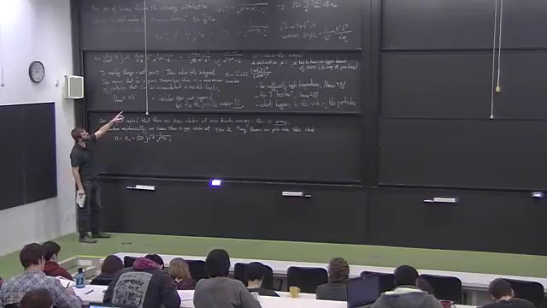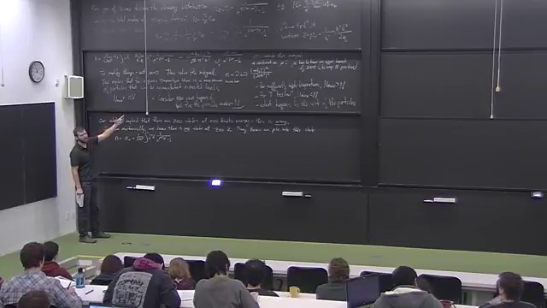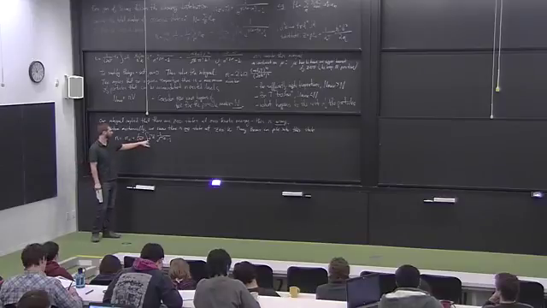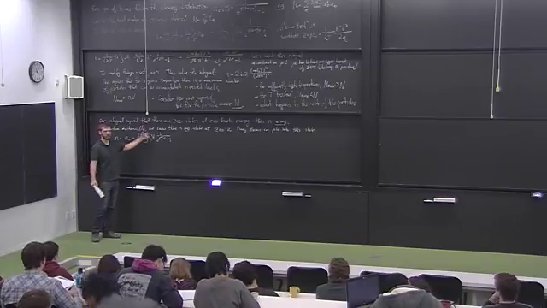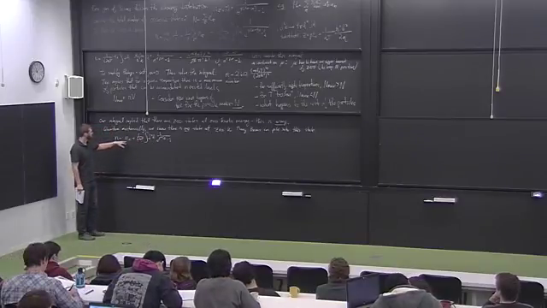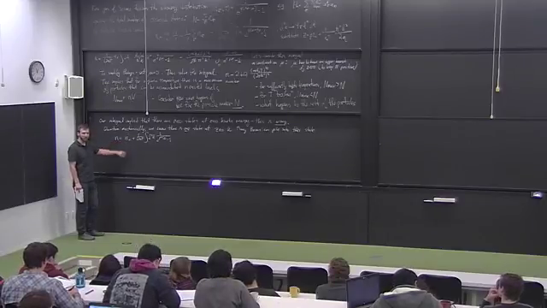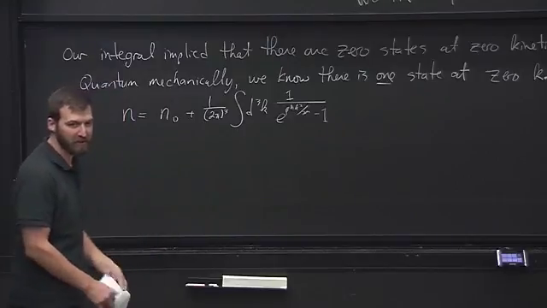The reason I change variables is it elucidates the fact that z equal to 0 gives a 0 contribution. You can see it here because of your Jacobian essentially. But what I should have is also an N naught for the number of particles that can pile into that 0 state.